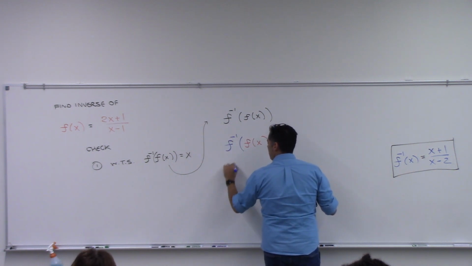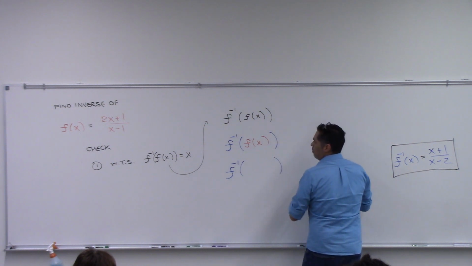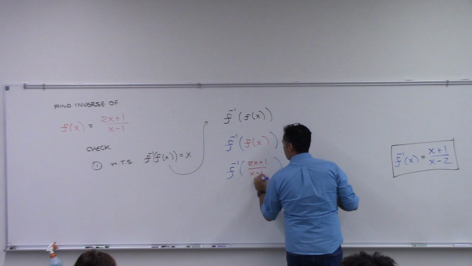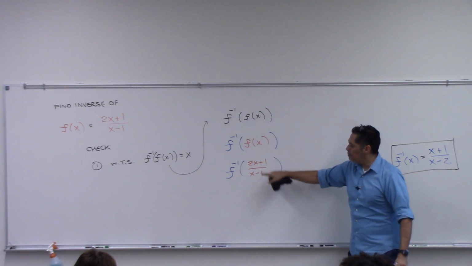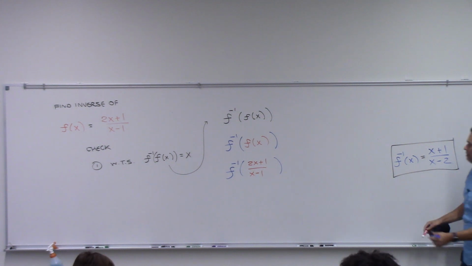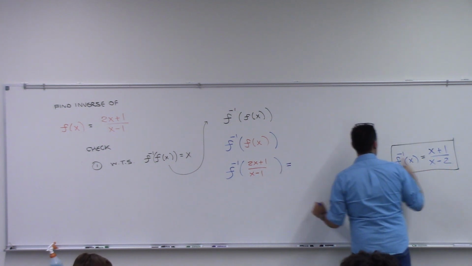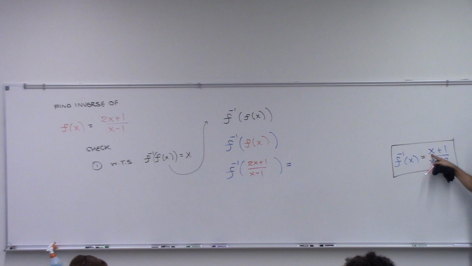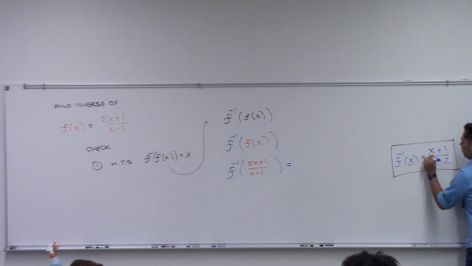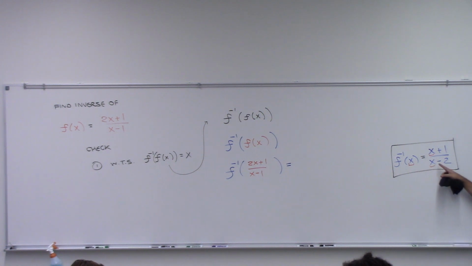So I'm going to go f inverse. Okay, now let's actually put the red one. It's 2x plus 1 over x minus 1, right? So that's the f function being plugged into the blue one. Now let's actually do it, right? So now over here, everywhere I see x is going to be replaced with that red one, isn't it?